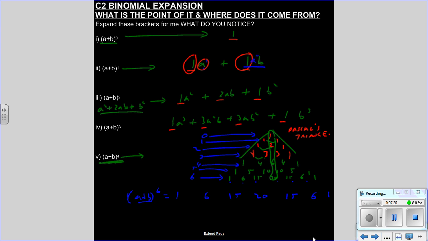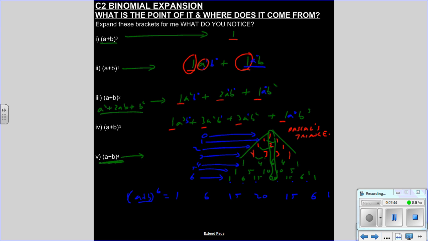There's a b to the 0 here, isn't there? This is a squared times b to the 0, and this is 1, a to the 0, b squared. Can you see this is b to the 1, a to the 1, and this is a to the 0?